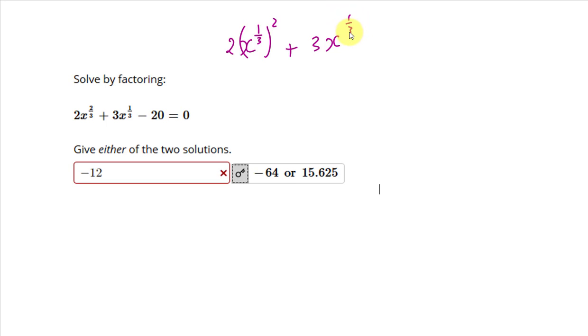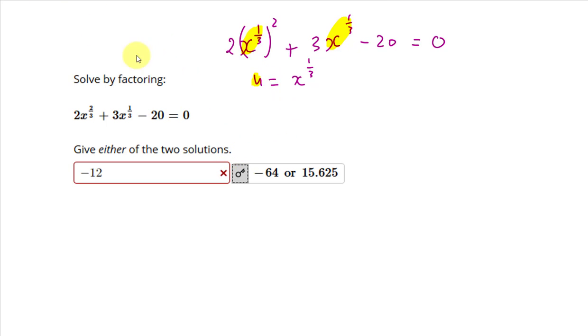So I want to keep 1/3 and 1/3 the same, so that I can make the substitution. Now we let u be x to the 1/3. That is where the substitution comes in. Whenever you see x to the 1/3, you substitute u.